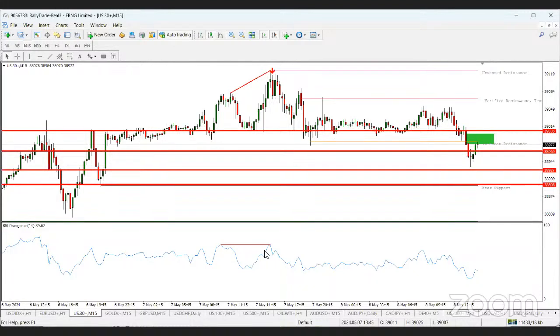You can have a sell stop from 38,920, take profit at 38,890. And I could also look out for a sell from 39,000, take profit at 38,960.